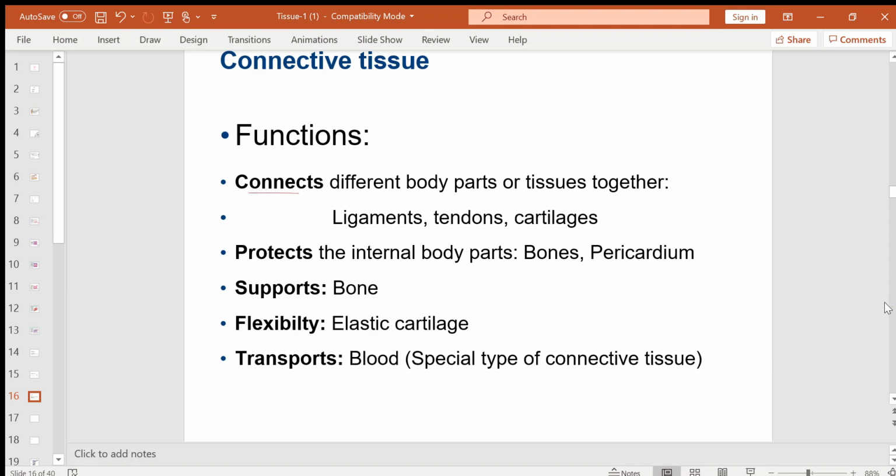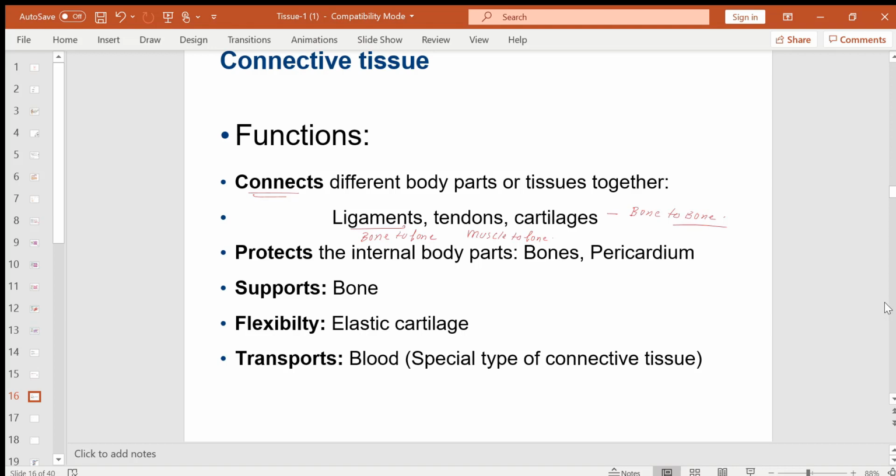Okay, cartilages connect also one bone to another bone, right? So connecting is one important function.